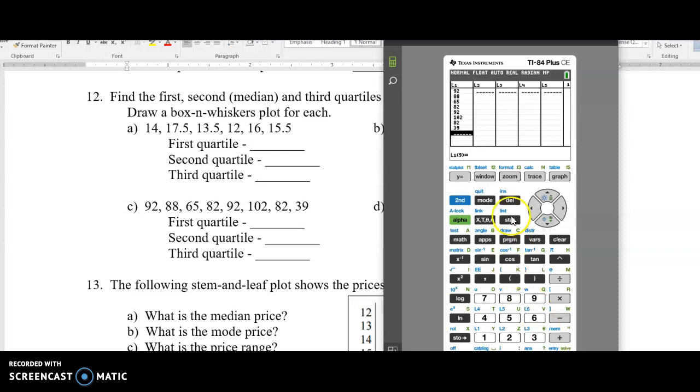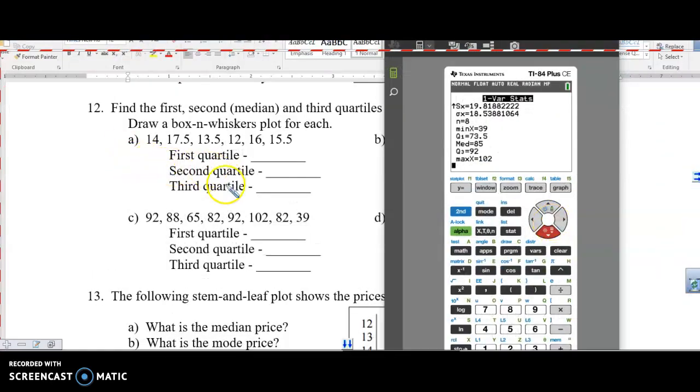Okay? Then Stat, Calc, number 1. Alright, we're going to go down to our quartiles here. Okay? So Q1 is 73.5. The median, which is Q2, is 85. And then Q3 is 92.